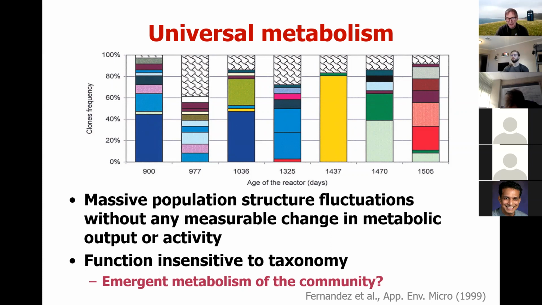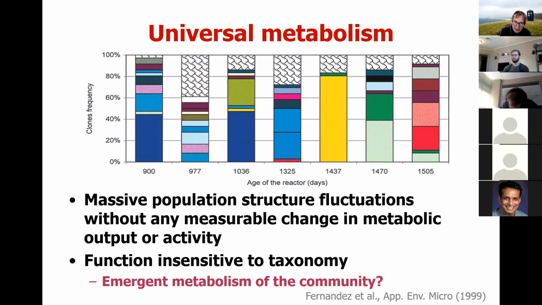And if you look at it, the population structure is strongly fluctuating, but the metabolic output of the system is not. So the function of this interacting biological system is insensitive to its taxonomic structure. And that's really shocking for biology. It's sort of saying that who's there doesn't really matter to what the thing does, which is really surprising.